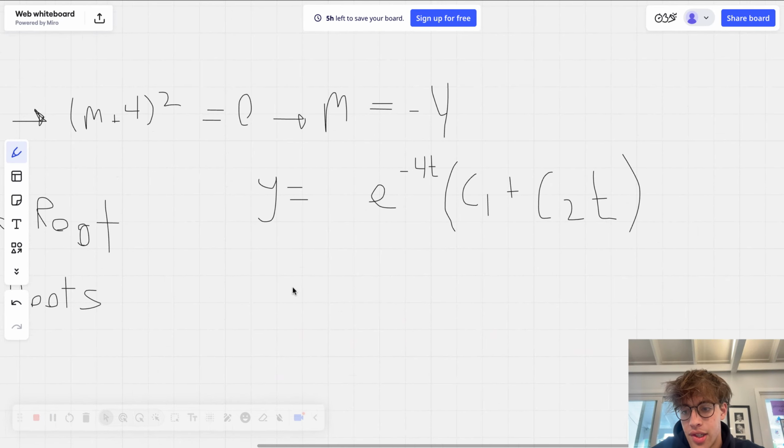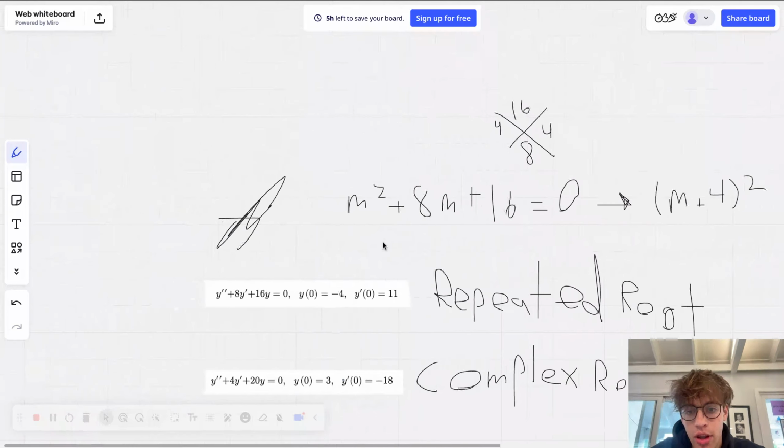So solving for this, -4 equals C1 times e to the -4 times, I think it was 0. Let's double check that before going. Yep, 0.